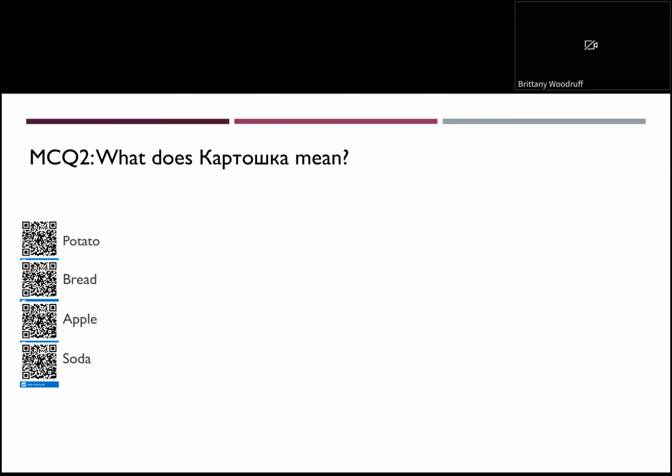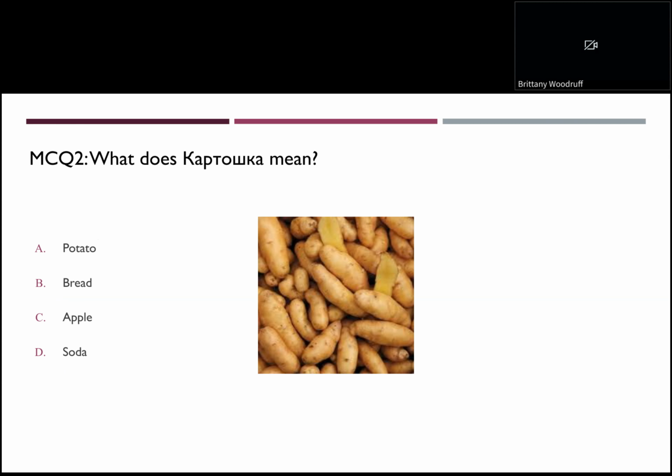Learning objectives. If you took this talk with me last night, what are you talking? Kartoshka. Does it mean potato? Oh no, my bad. Kartoshka means potato. Now you guys know a new Russian word.